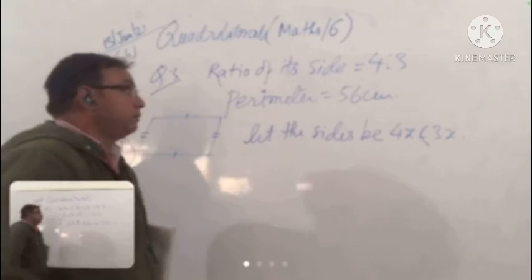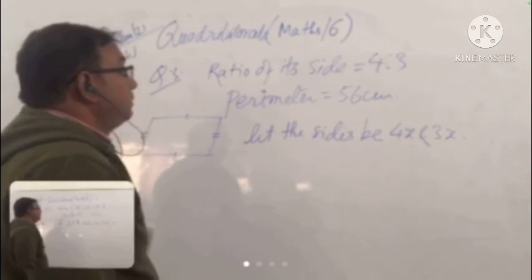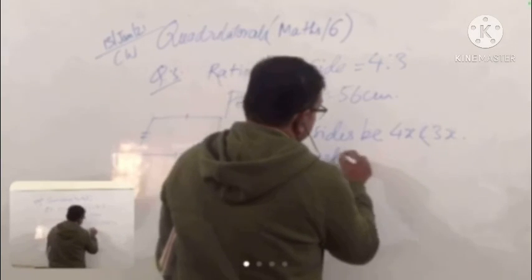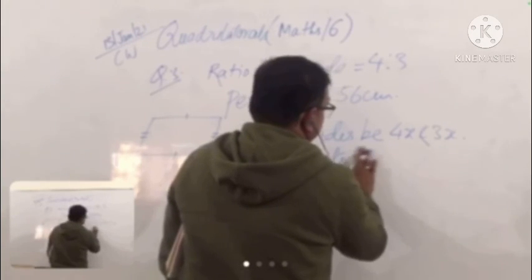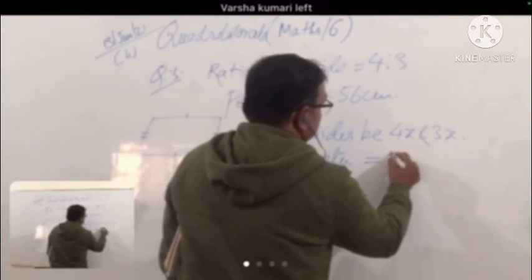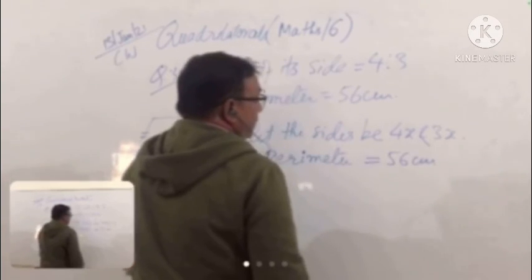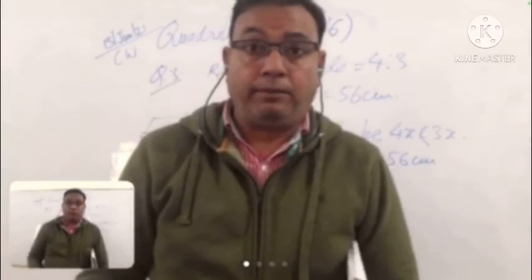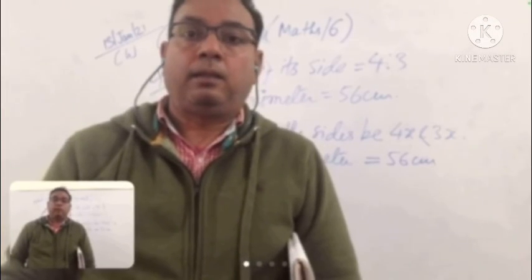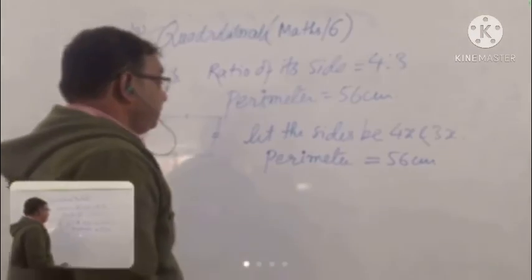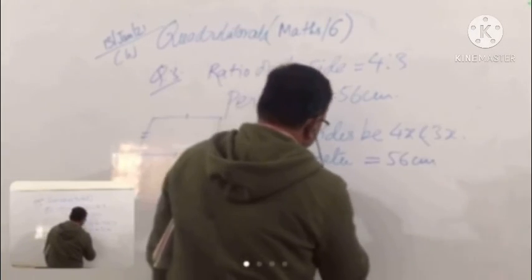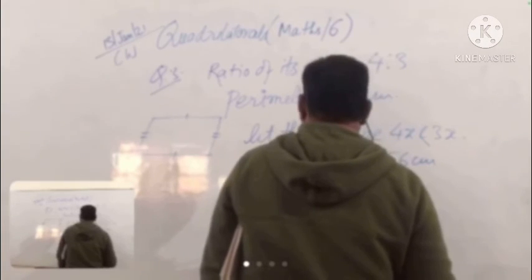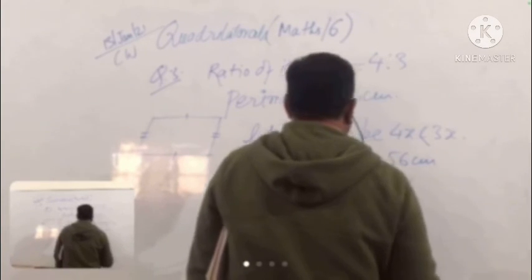So the perimeter of rectangle is 2 bracket L plus B. The perimeter of rectangle is equal to 2 multiplied by length plus breadth, because rectangle is a parallelogram and opposite sides are equal and parallel.